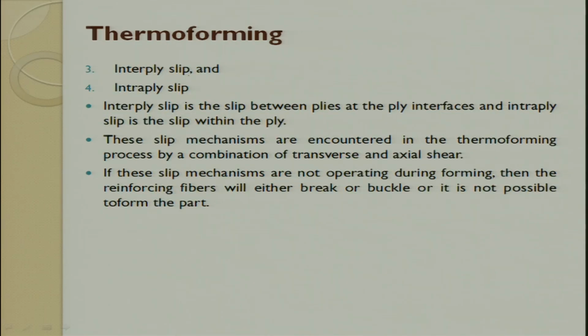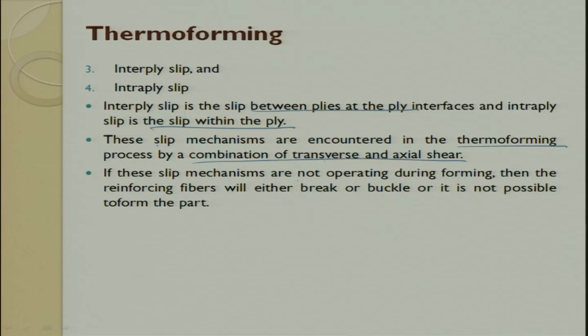Next, interply and intraply slip. Interply slip is a slip between the plies, and intraply is within a ply. These two are other mechanisms which are very, very important. The slip mechanisms encountered in the thermoforming process are a combination of transverse as well as axial shear.